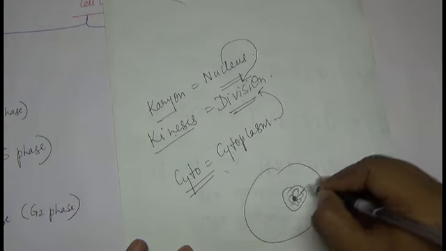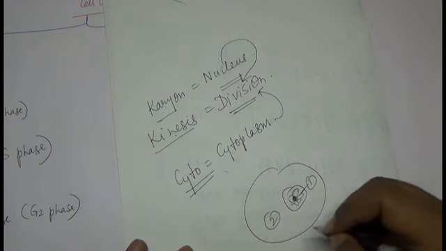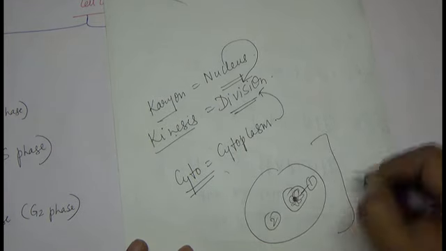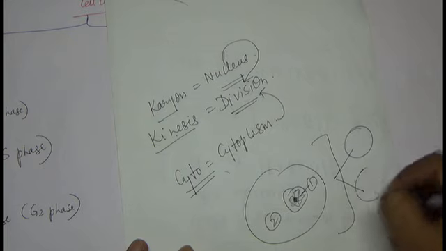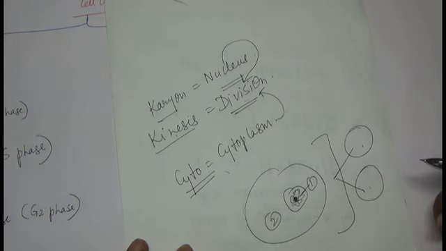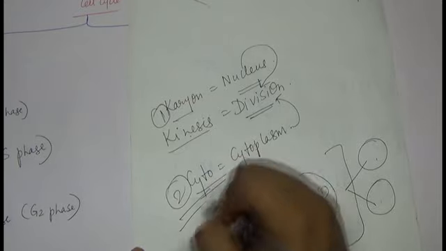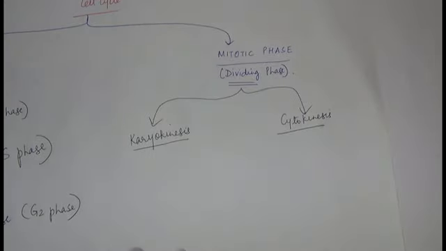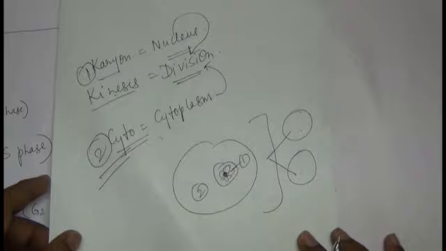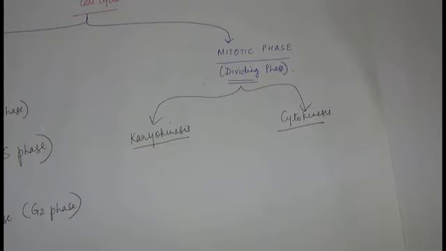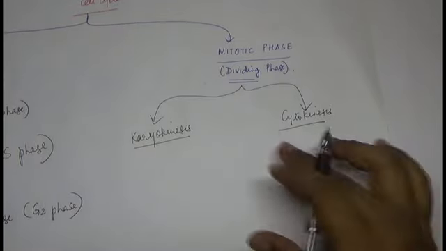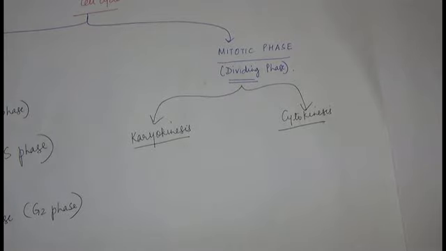So nucleus has to divide and the cytoplasm also has to divide in order for the overall cell to divide and give rise to 2 cells, right? So therefore we have karyokinesis and we have cytokinesis in the dividing phase. We are well acquainted with the terms right now.